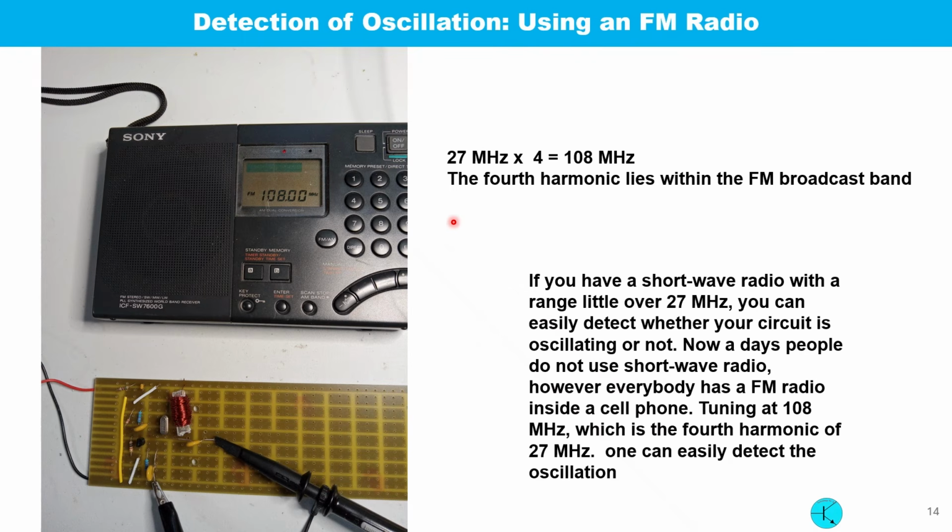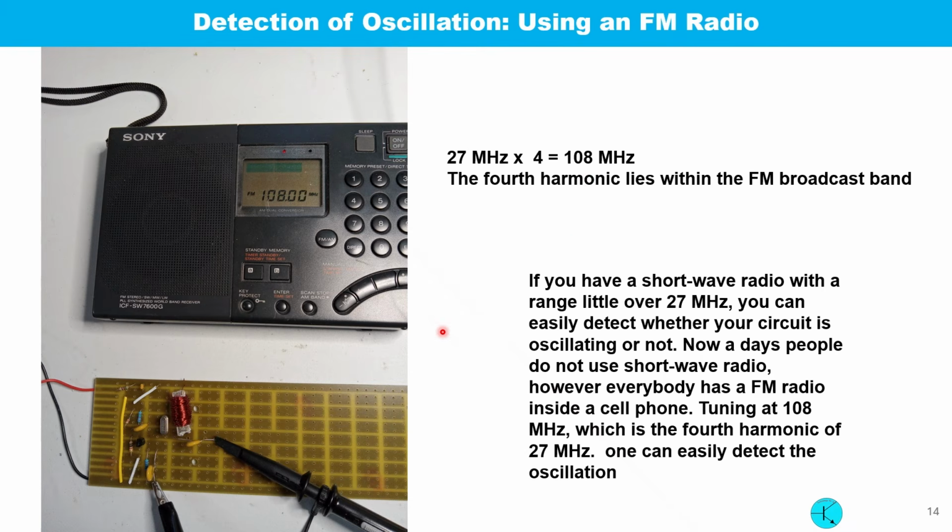As the oscillating waveform has some harmonics, which makes it easier to detect without any scope, we can use an FM radio to detect the waveform. You can see if we multiply 27 by 4, that is 108 megahertz, which lies within the FM broadcast band.